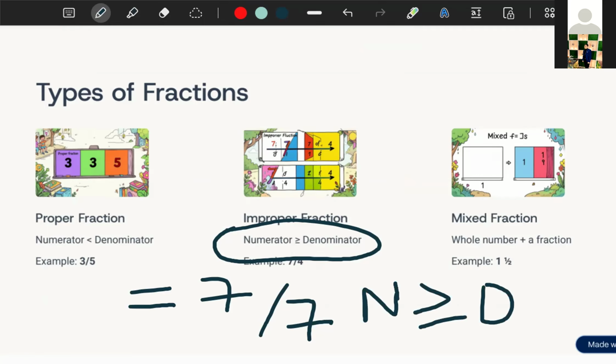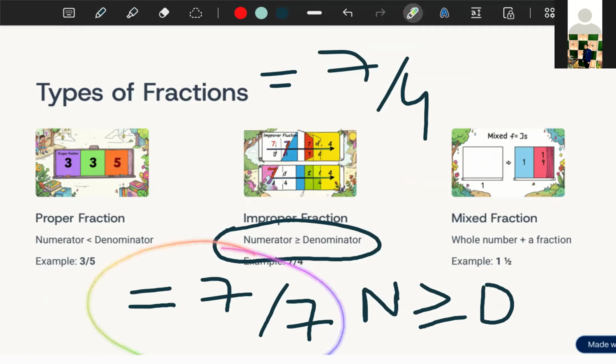If there is 7 by 4, it is an improper fraction, and if it is 7 by 7, it also comes under improper fraction. So an improper fraction has two conditions: the numerator is greater than the denominator, or the numerator is equal to the denominator. But in a proper fraction, there is only a single condition: the numerator must be smaller than the denominator.